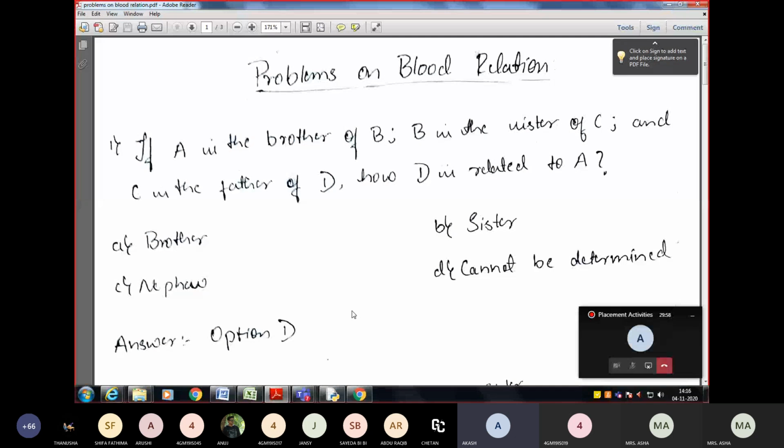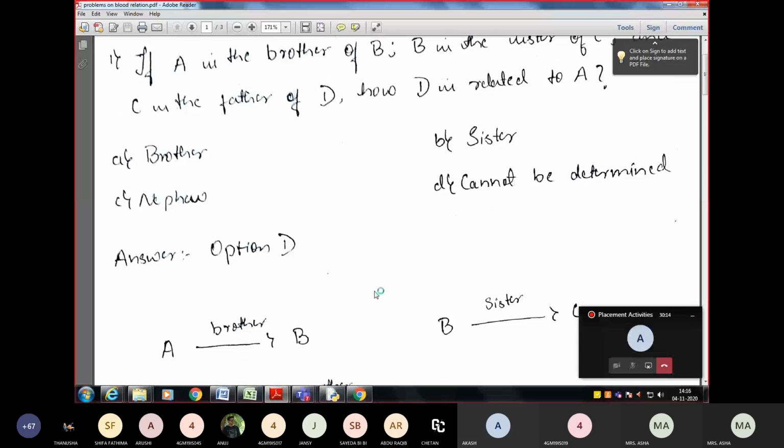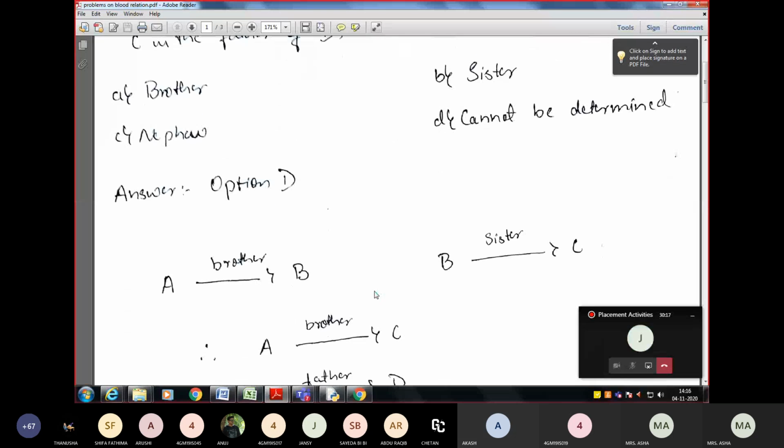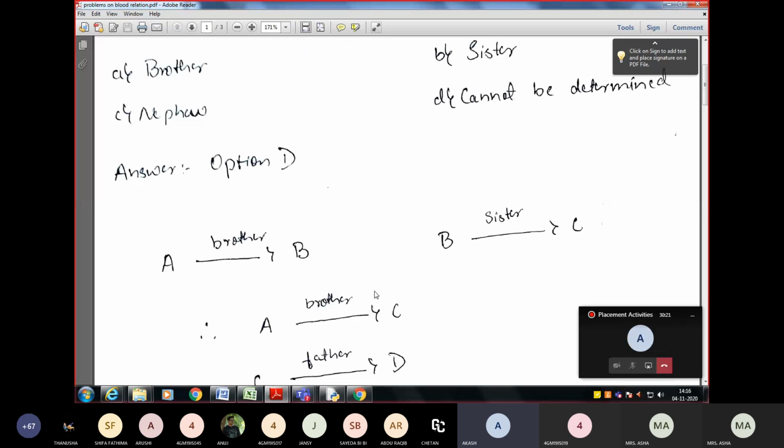So here the first question is, if A is brother of B and B is sister of C and C is father of D, how is D related to A? First we have to understand that, ma'am. Here, see, A is brother of B and B is sister of C. So A and C are also siblings.